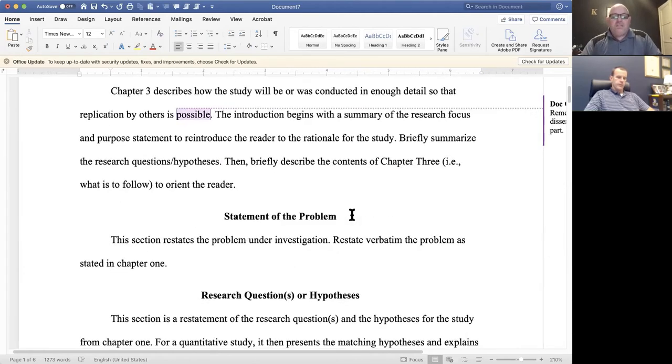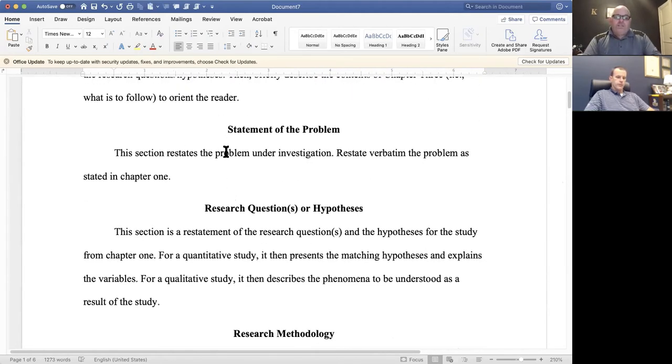Okay. Statement of the problem. Restate. Now this is real easy. It restates the problem under investigation. Restate verbatim the problem stated in chapter 1. So it opens up with an introductory sentence, and you basically are going back to your problem statement and looking at it to see if you want to put it all in there or you just want to super summarize it. The word verbatim gives you a wide open spot to just copy and paste.